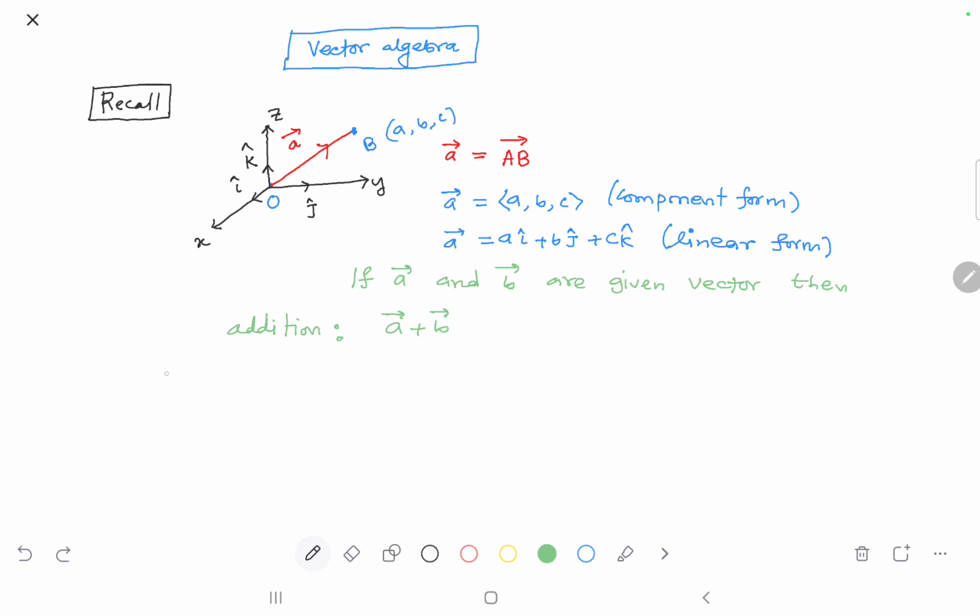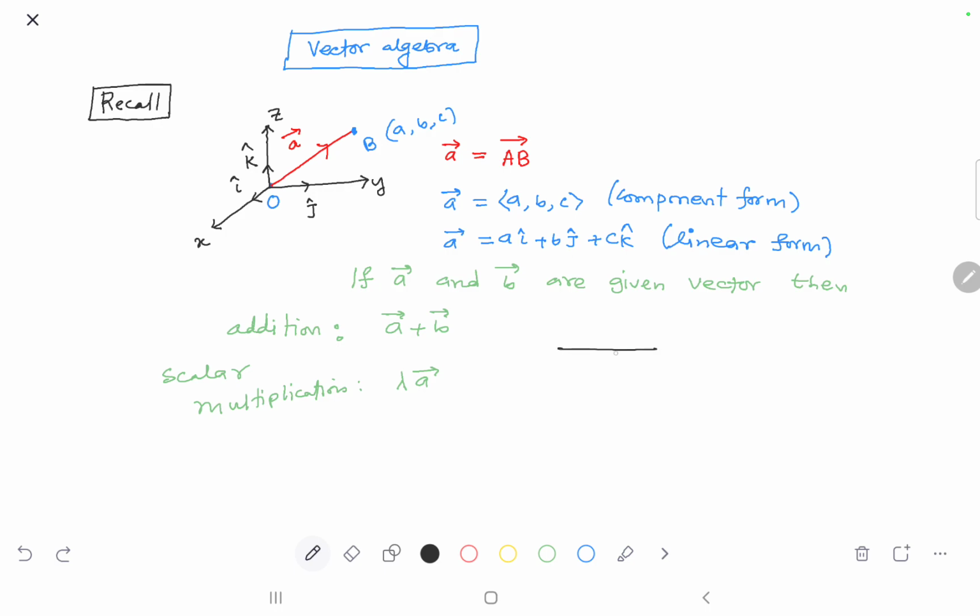And we can take scalar multiplication. If you take a scalar lambda, then you can multiply the vector a by that scalar. Basically, how is the addition defined?